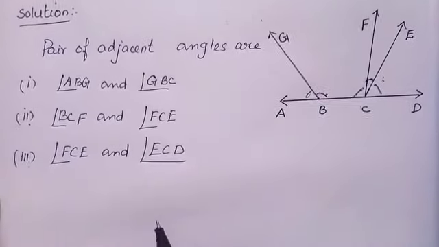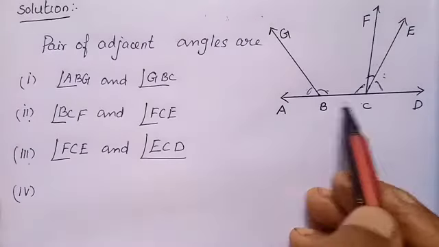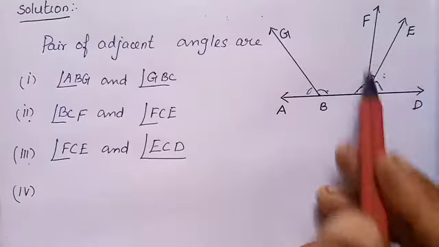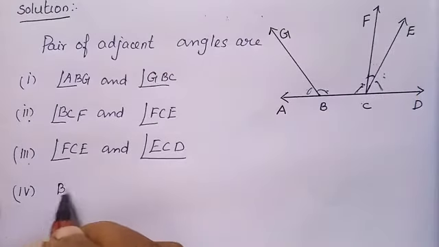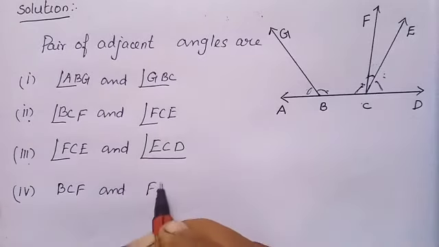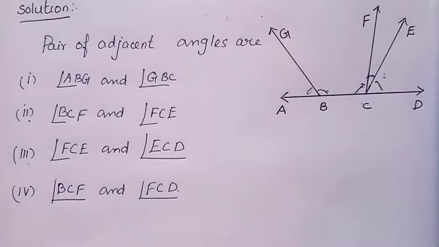The third pair of adjacent angles, and the fourth pair is BCF and FCD. These two are also adjacent angles. So totally 4 pairs of adjacent angles are in this figure.